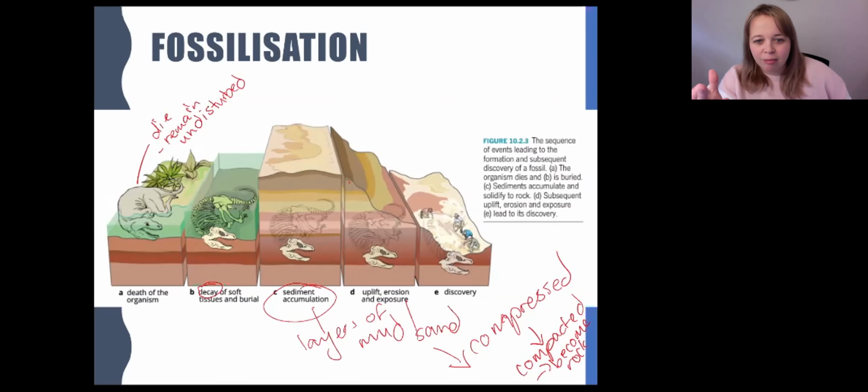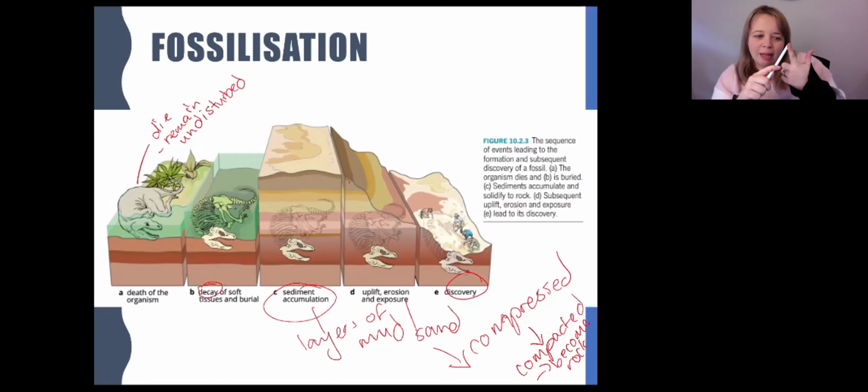That's calcium that makes up a lot of the bone structure, and so therefore they become rocks. After a while, you get some movement of tectonic plates, or some earthquakes or something that causes them to uplift, or you get erosion of the rocks on top, and then you lead to the discovery of the fossils over here.